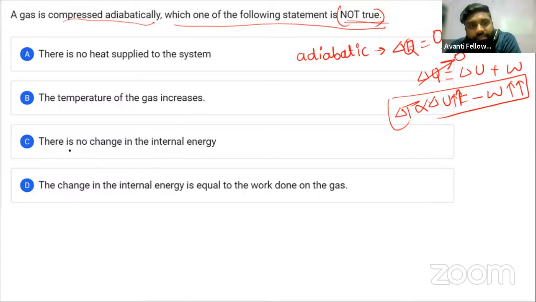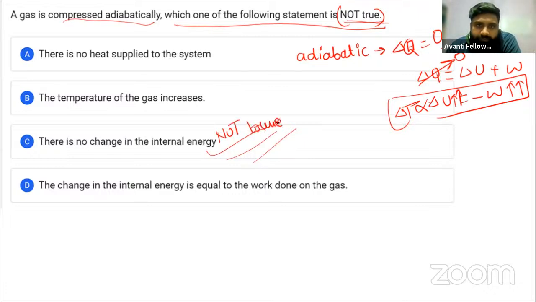Option C says that there is no change in the internal energy. This is not correct, because if the temperature of the gas is increasing, how is it possible that internal energy is not changing? So this statement is not true.